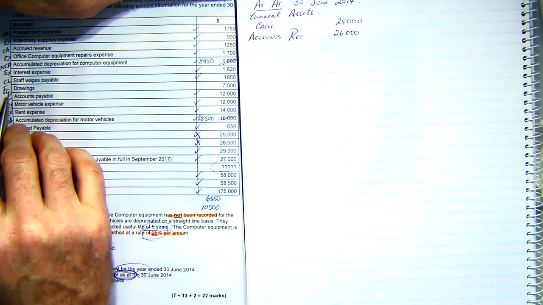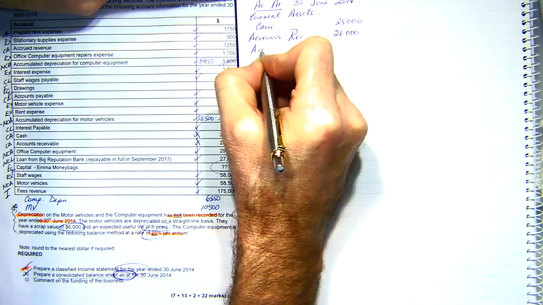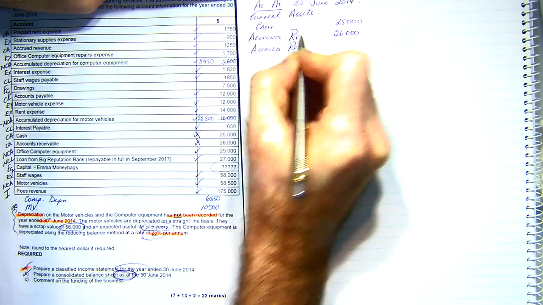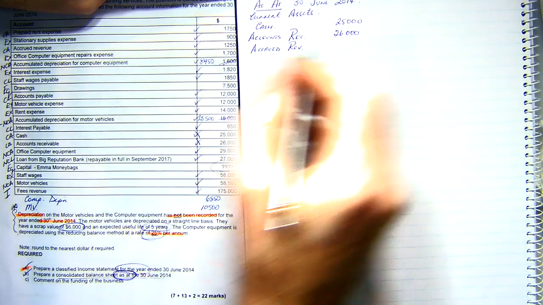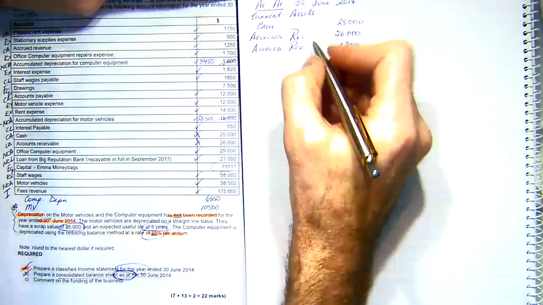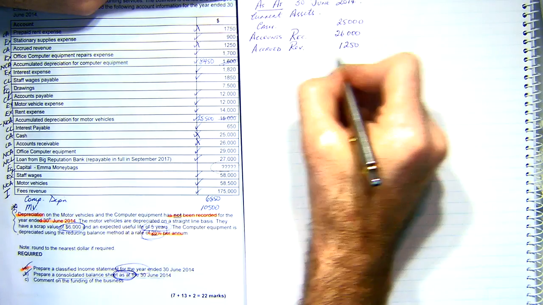Let's go back up the list. We've got accrued revenue, and my accrued revenue is 1250. And my prepaid rent is my last one, 1750.